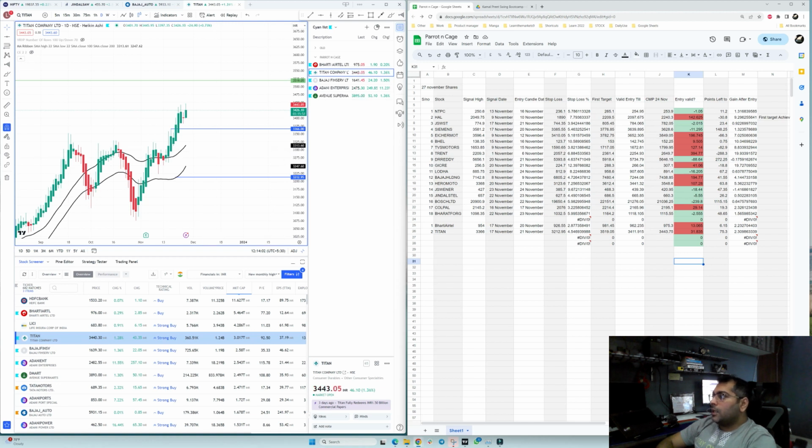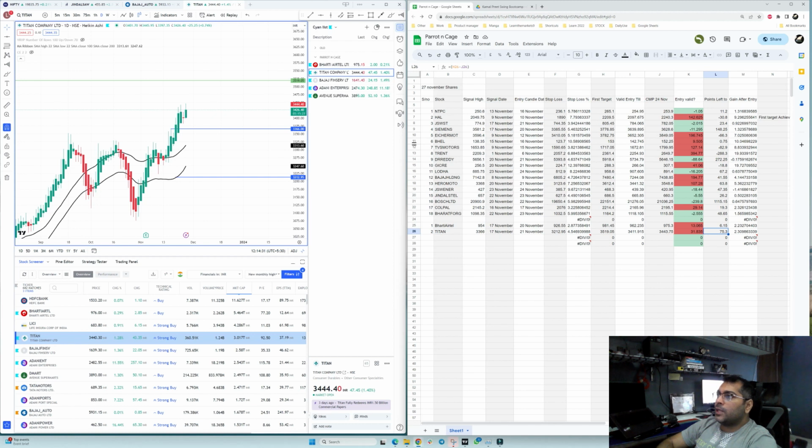This is the valid entry, 3411. This should have been the point till which we should be allowed to take the entry. 2.3% are the gains on the stock already. If we still enter the stock, we have 75 points more to capture on this stock.